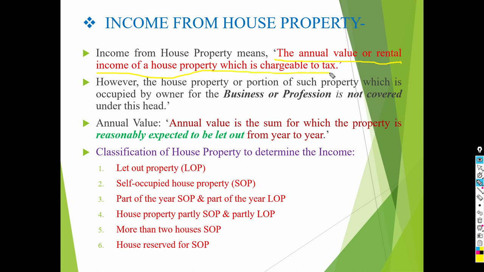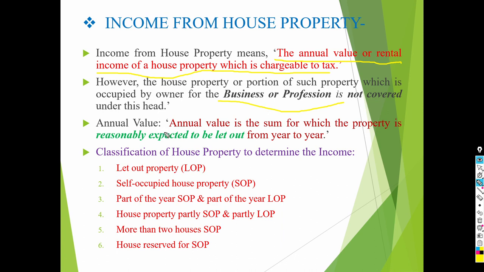However, at the time of computation, the house property or portion of house property which is used by the owner for his own business or profession is not covered under this head, that is, income from house property.